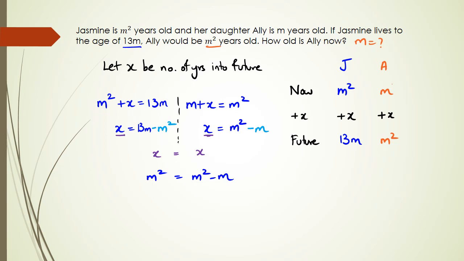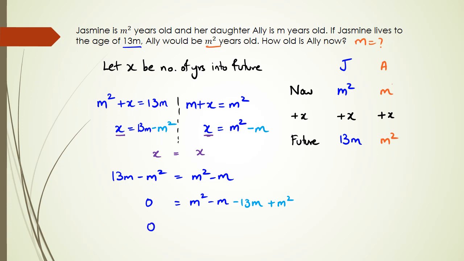Sorry about that, guys. Now let's rewrite that. So now we have a quadratic, so I want to rearrange this so that one of the sides is equal to 0. I'm going to make this side 0, so that means I've got m squared minus m. The 13m when it comes to this side is minus 13m, and then minus m squared when it comes to this side becomes positive m squared.